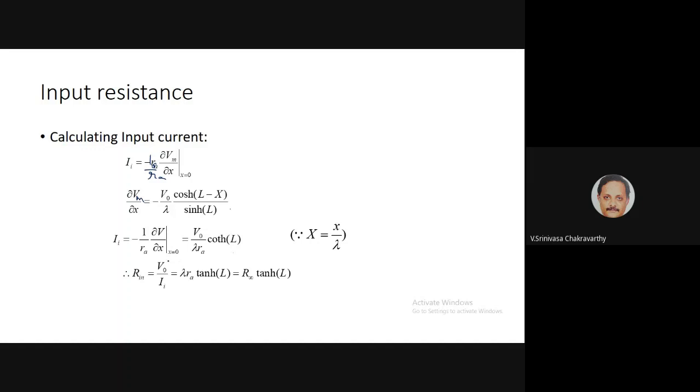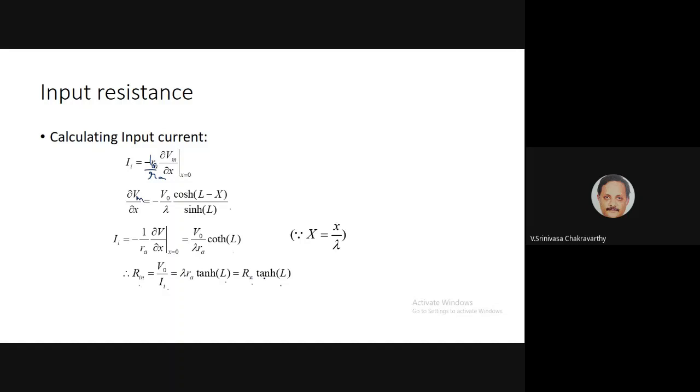Now, if you take V naught by the input current, Rin is equal to lambda Ra times tanh L. Lambda Ra we know is equal to R infinity, so Rin equals R infinity times tanh L. So again, we are able to express the input resistance in terms of the R infinity of the cable.